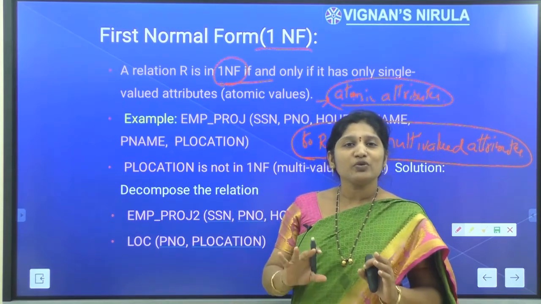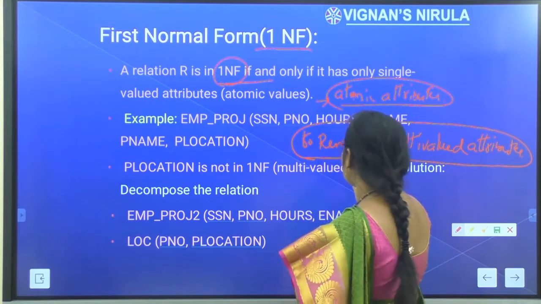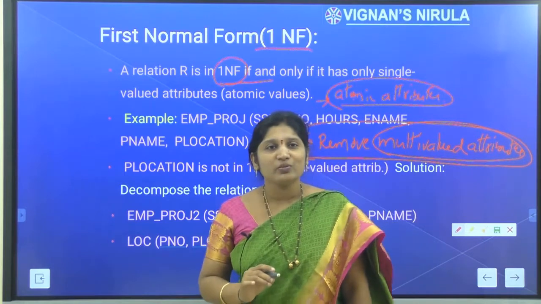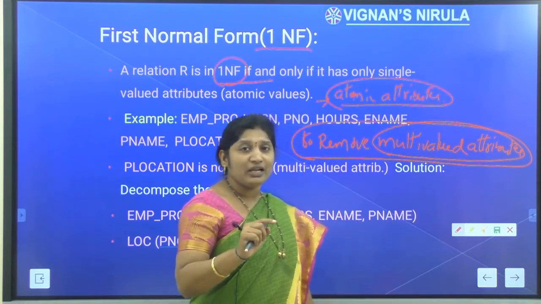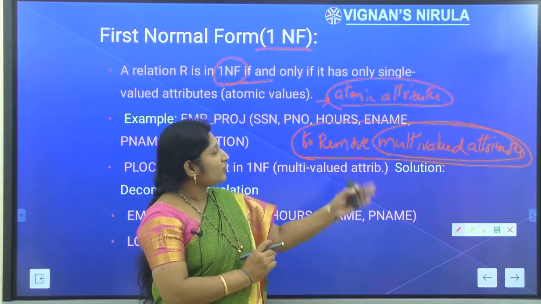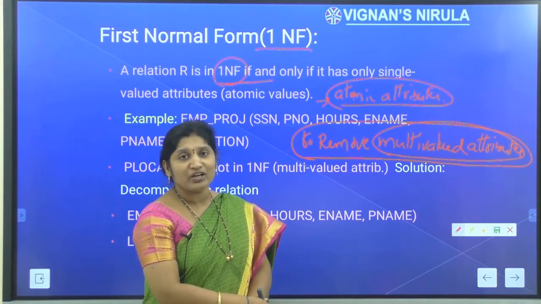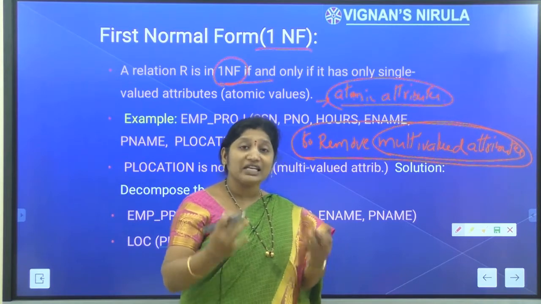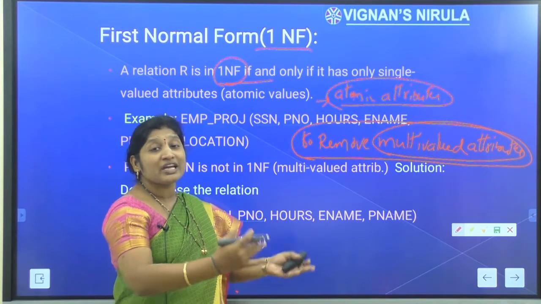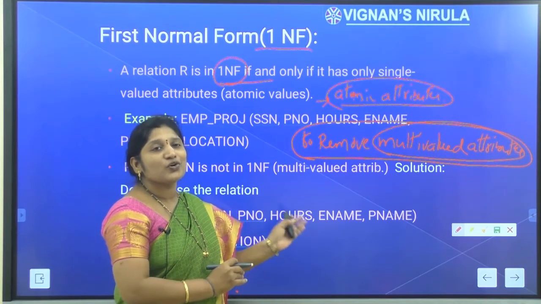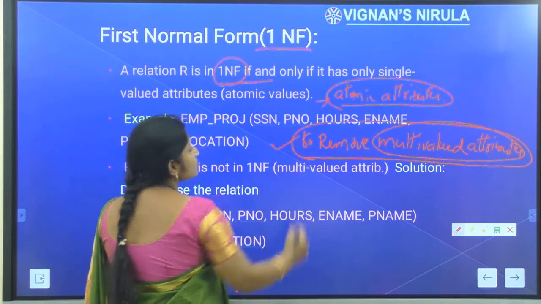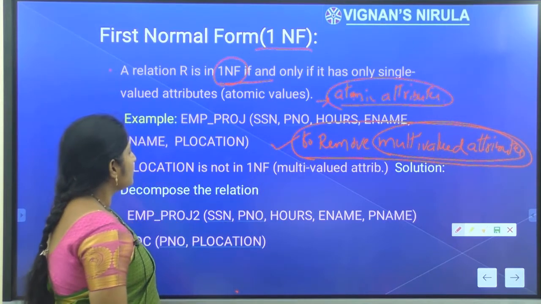If some of the attributes are multi-valued, meaning that for a single tuple that attribute has several values, then my relation is not in 1NF, and I must do some kind of decomposition in order to make our relation into 1NF. So the main aim of 1NF is to remove multi-valued attributes.